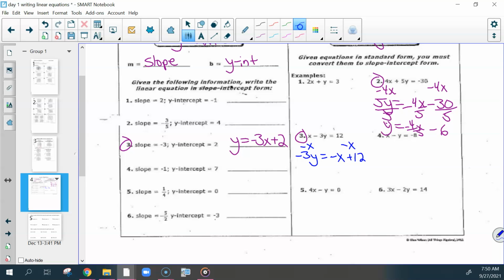And then divide everything by negative 3. So all of my signs are going to change because I'm dividing by a negative. There's really a 1 minus negative x. So this is going to become positive 1/3 x minus 1.